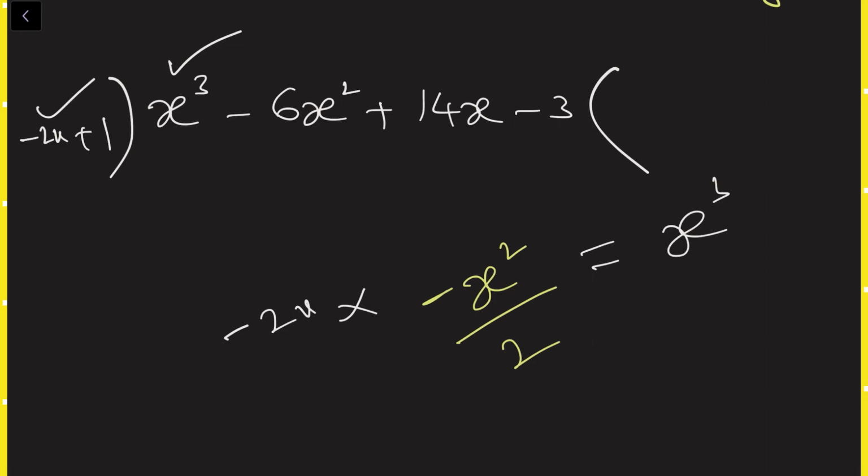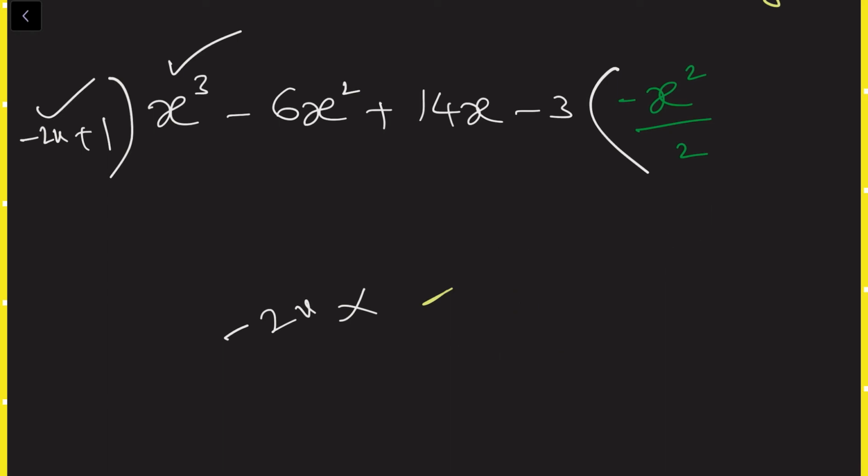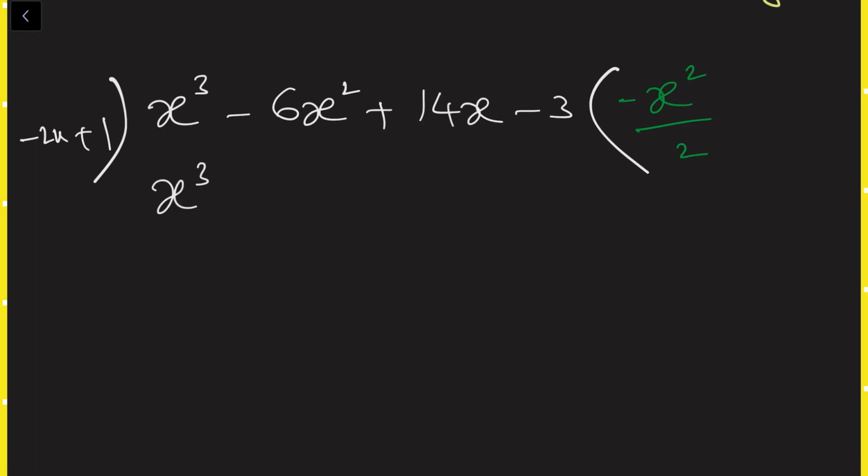Write that here. Minus x square by 2. That will become x cube. Next, second term, plus 1 into minus x square by 2, minus x square by 2.